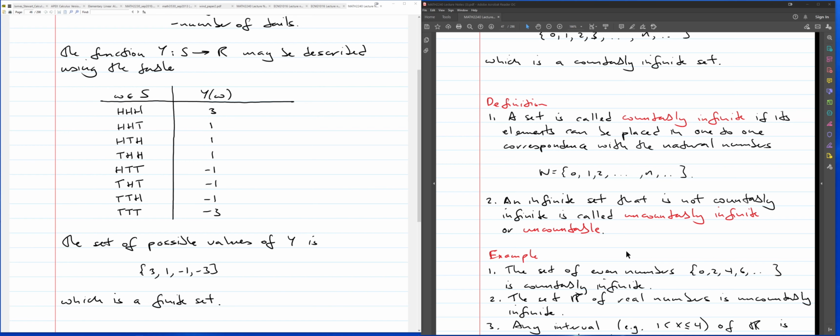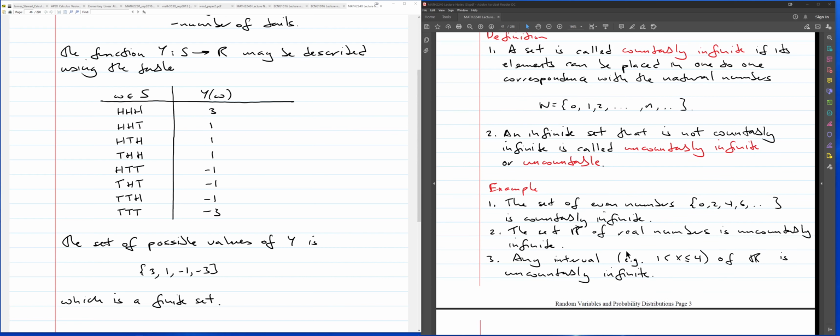On the other hand, say you have an interval of real numbers, and you consider the interval between 1 and 4, where you probably don't need to include, it doesn't make a difference, but say I don't include the 1 and I do include the 4. This interval is something called uncountably infinite.